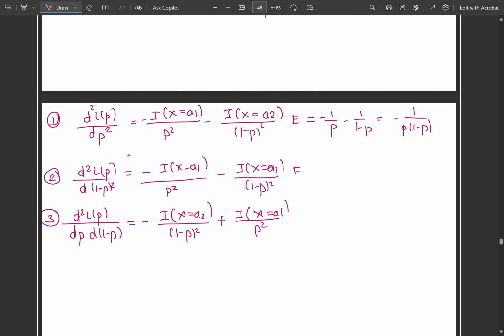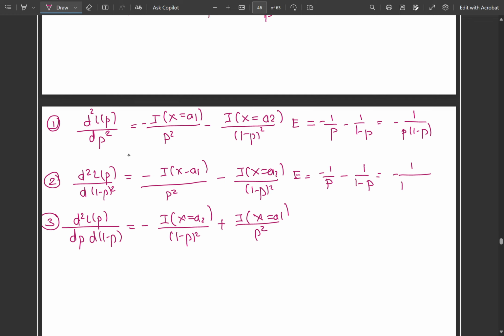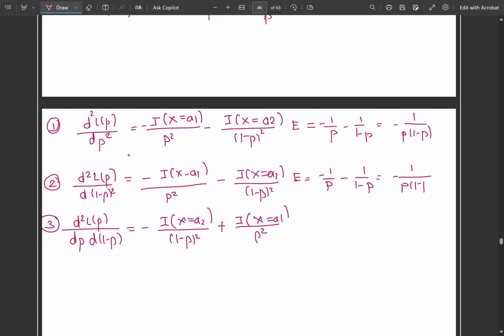The expectation of the second expression is the same because the expressions are the same, so it's going to be 1 over p(1 minus p).